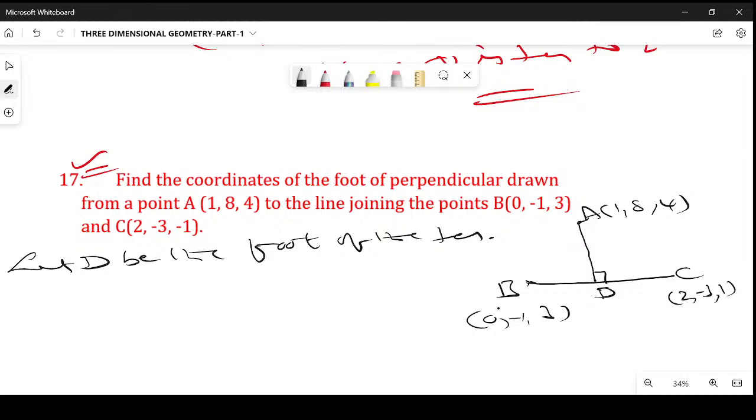Two points are given, so I can write the equation of BC as (x - x1)/(x2 - x1) = (y - y1)/(y2 - y1) = (z - z1)/(z2 - z1). I can use this concept.